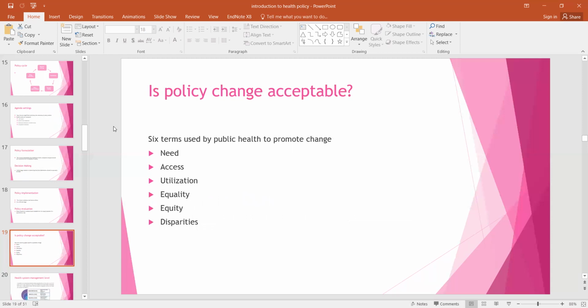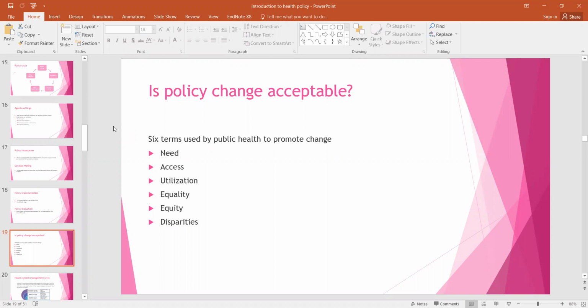Is policy change acceptable? When you implement any policy, then there is a change in the environment or in the community. So that change is acceptable if the policy is based on these 6 steps. Like if there is a need of that policy, then it is acceptable.